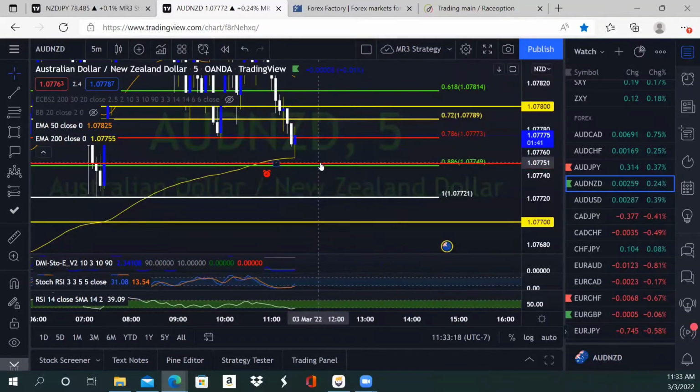Would I take it again if it came down here? Only if it's within this same candle. Because what's going to happen is, at some point, it's either going to use your 786 or your 886 as your last level before dropping all the way down to your 1, also known as 100% of the movement.